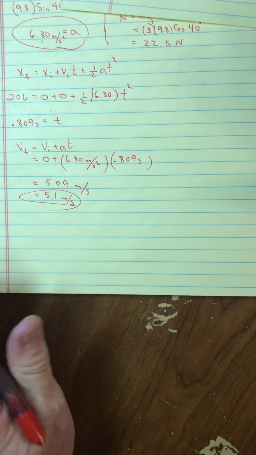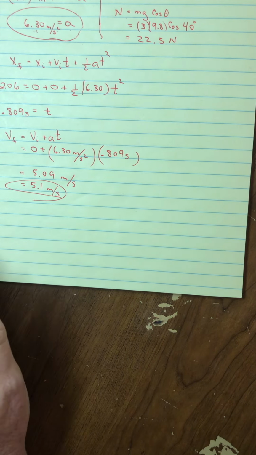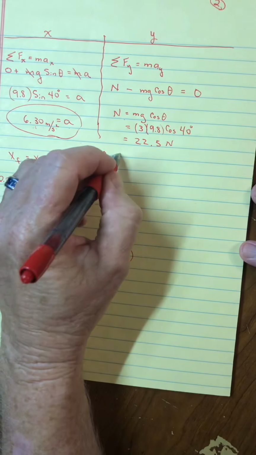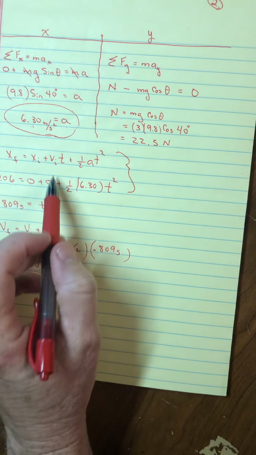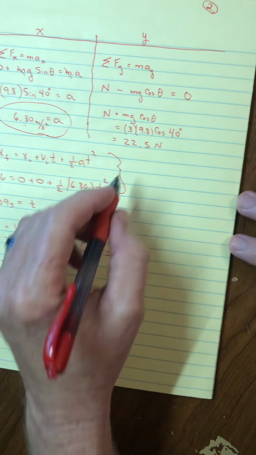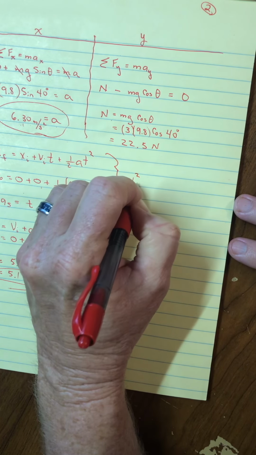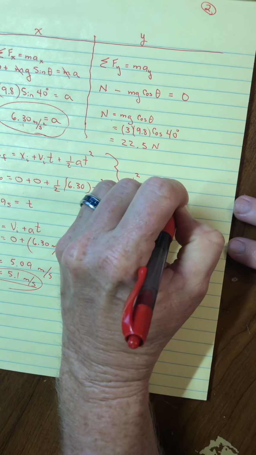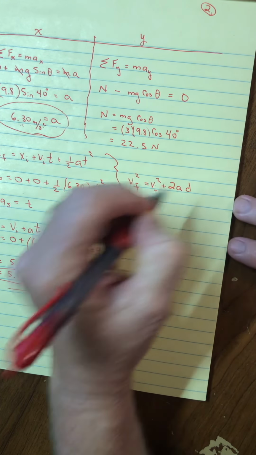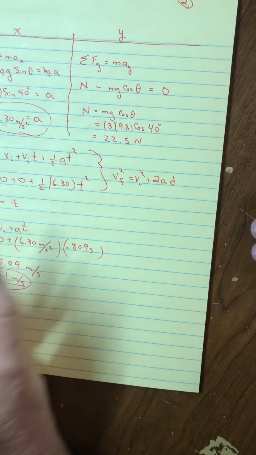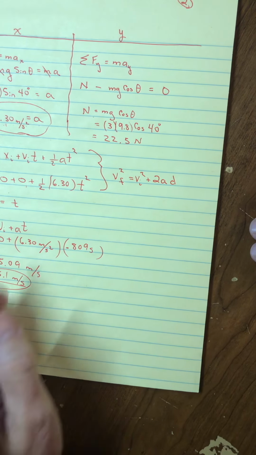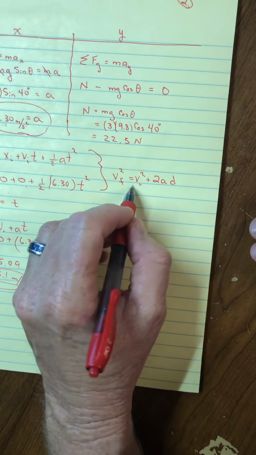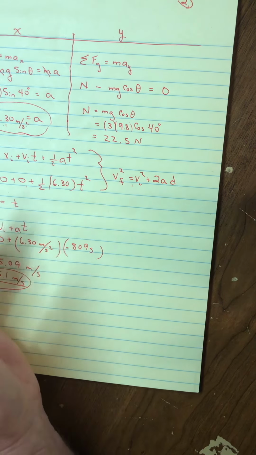Now, by the way, one more thing, even though this has gone on for a long time, just to remind you that these 2 equations could have been put together and gotten v squared final is equal to v initial squared plus 2 times acceleration times the distance traveled. I put them together separately, but using this would have made this just one step.